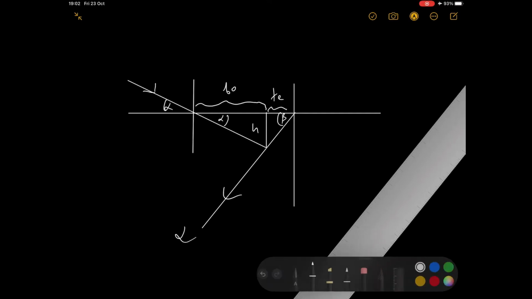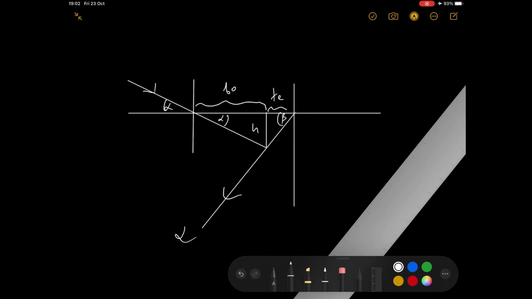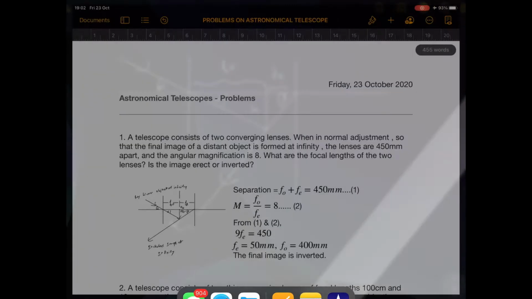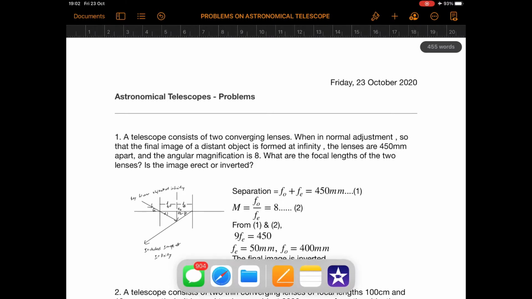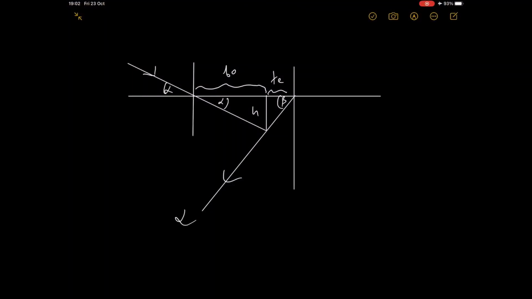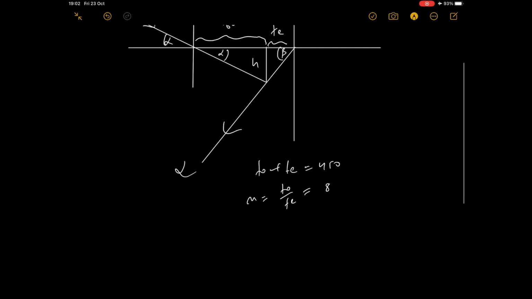So the lens separation, let's read the question again. The lens separation is 450 mm and the angular magnification is 8. So we have FO plus FE is 450 and FO by FE, which is the expression for magnification, is 8.